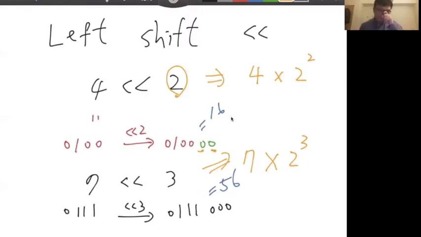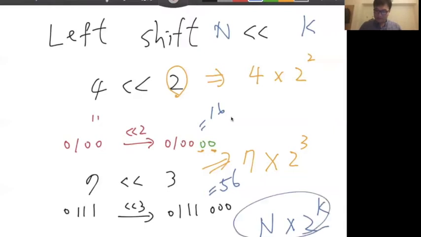So this is a good way to go. If you can understand the left shift, you probably can get the idea. If we do a left shift by k, then the number shifted by k will become the number times 2 to the k. This is the conclusion.